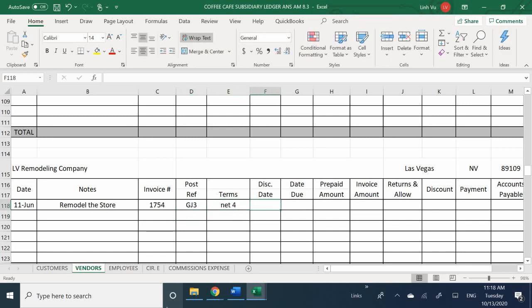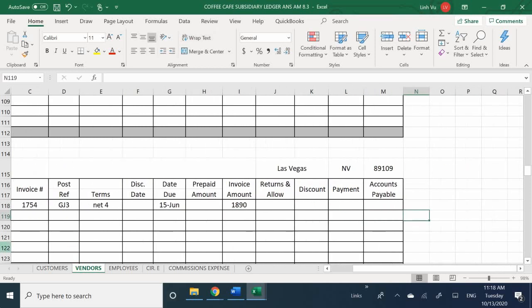There, that means we weren't given a discount. However, the due date is going to be the 15th of June. All right. No prepaid amounts. Our invoice is for the full $18.90. We did not make any payments to this LV remodeling.